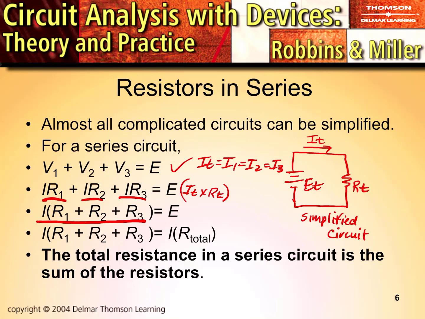So notice how we can say that gone, gone, and that leaves us with an equation for total resistance in series. So for total resistance in series, we could conclude from what we've derived here that R total equals R1 plus R2 plus R3. You simply add the opposition together in series to give you total opposition.